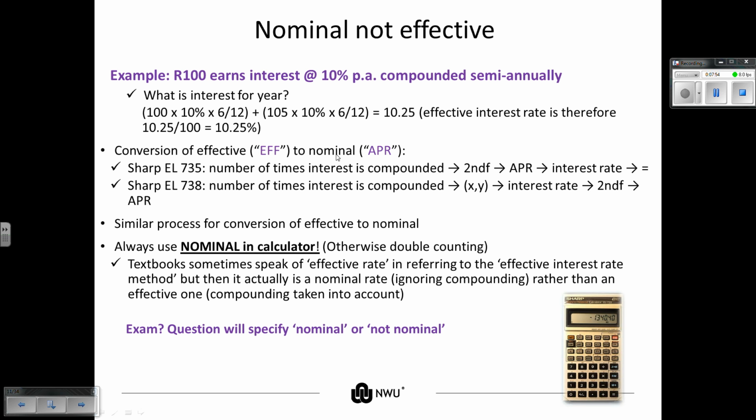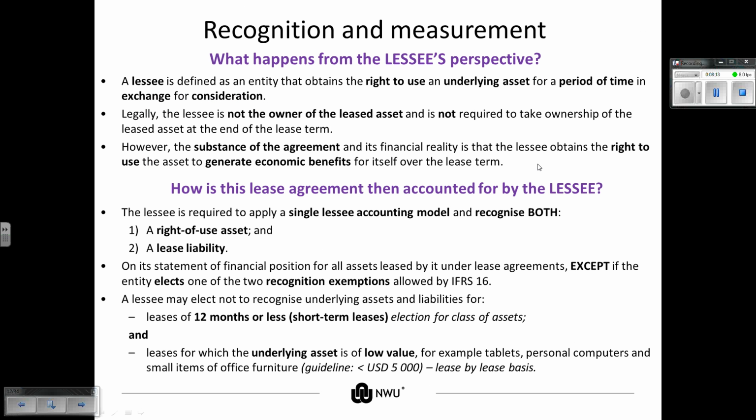So please make sure that you know how to use your financial calculator, especially with leases. And in an exam, the question will specify if it is the nominal rate or not the nominal rate. If not, you assume it's the nominal rate. In the next video, we will look at recognition and measurement.